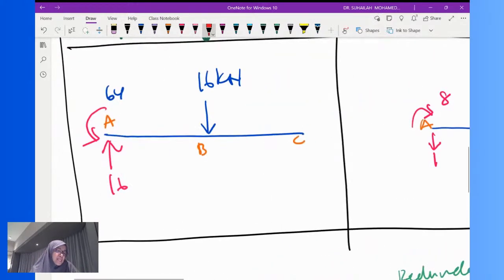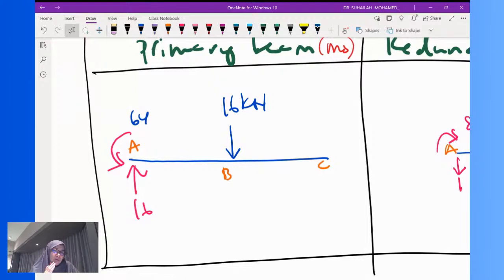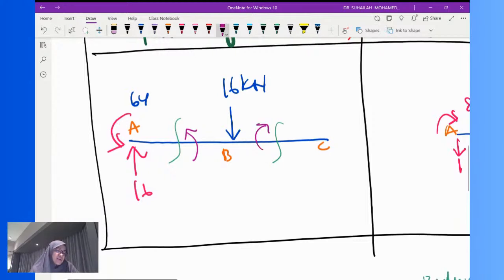Okay, so from this, we will write the moment equation. By looking at the primary beam, there will be two cutting sections, section number 1 and section number 2. Okay, and then we have to put the right moment direction. Let's say for member AB, we take the origin at A, so the moment is acting counterclockwise. Let's say for member BC, the origin is C, and the moment will be clockwise.